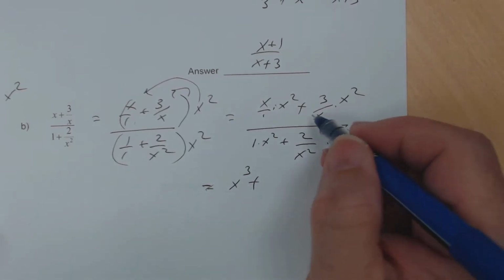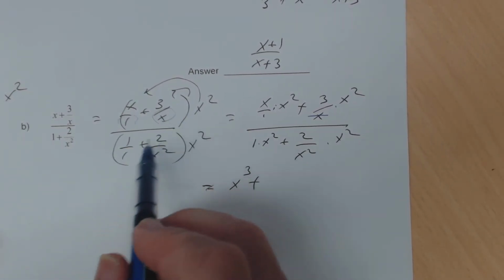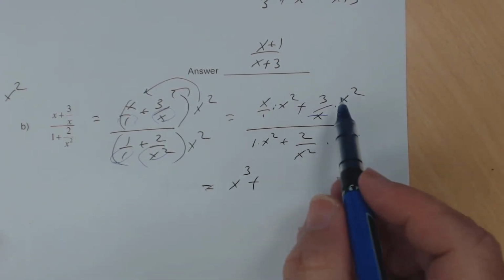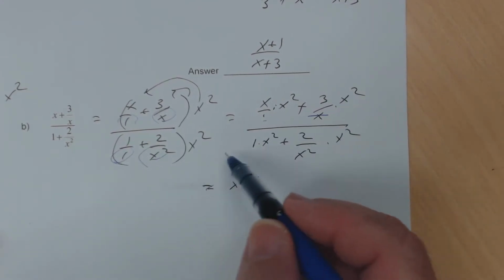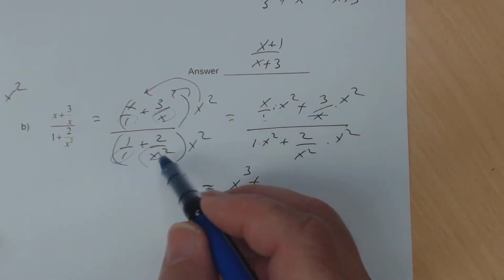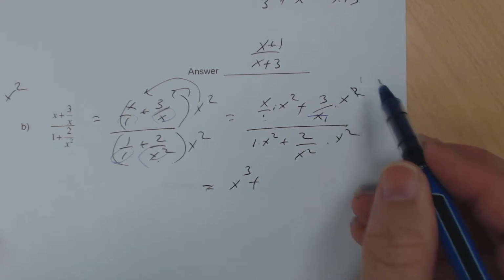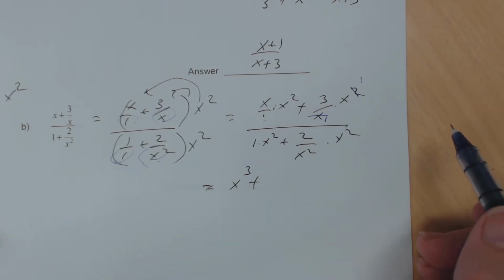Remember, the whole purpose of multiplying by the LCD is to clear these fractions. So you need ones here, what I had circled in purple. x and x is 1, and x and x squared, you're left with just 1x.